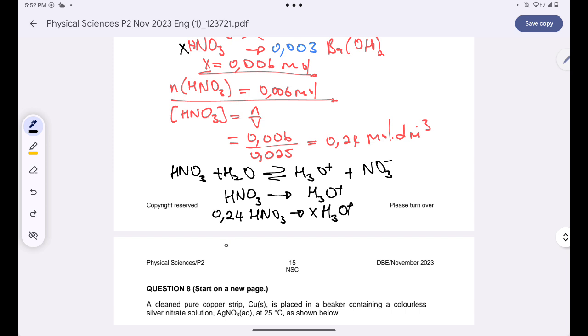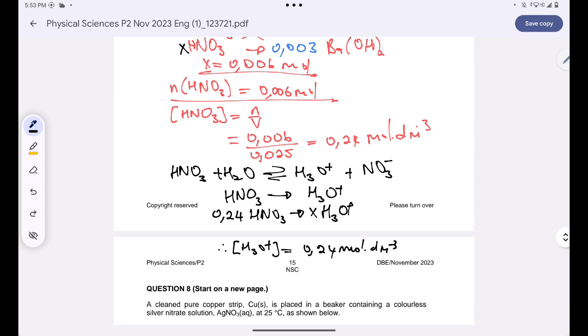Whenever I cross multiply, I'll find that the H3O+ ions are the same as the nitric acid, in mole per cubic decimeter. Are you together?